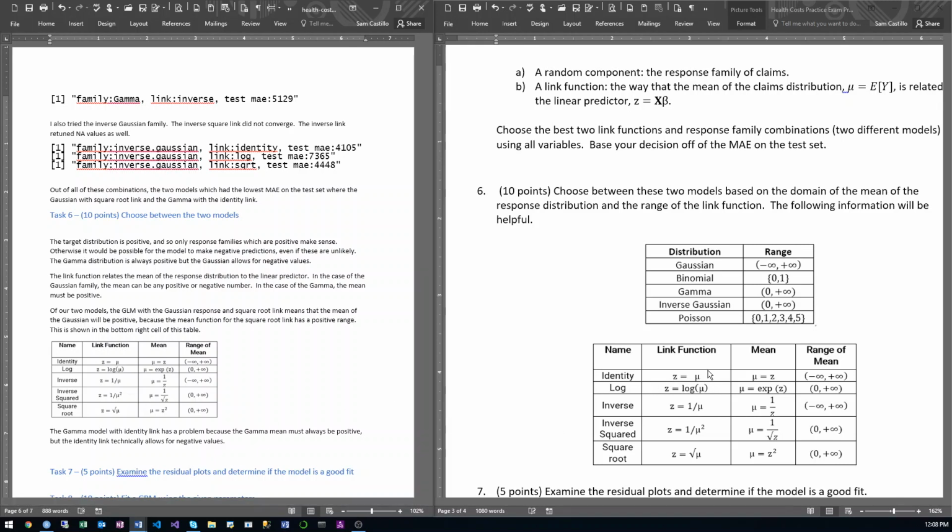Because if you look here, identity link implies that the mean function is just mean is equal to z, which is just x beta. And so it could be the case that if you got some data, your model would fail. So not in this data. In this case, it converged. But it could be that you get another data set and the model doesn't work.